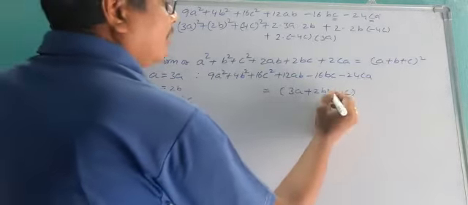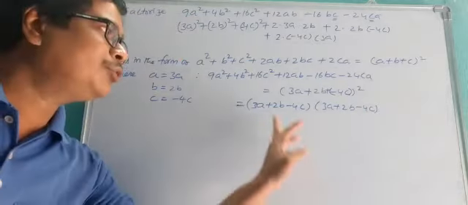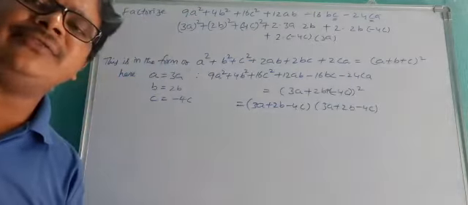So the given polynomial can be expressed as a product of two polynomials: 3a plus 2b minus 4c into 3a plus 2b minus 4c. This is known as factorization.